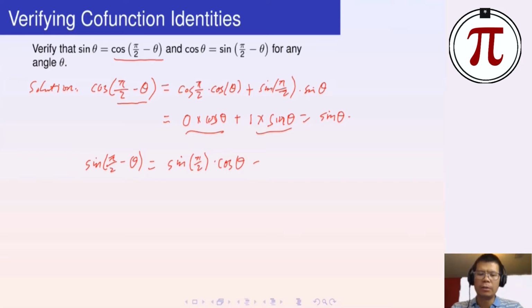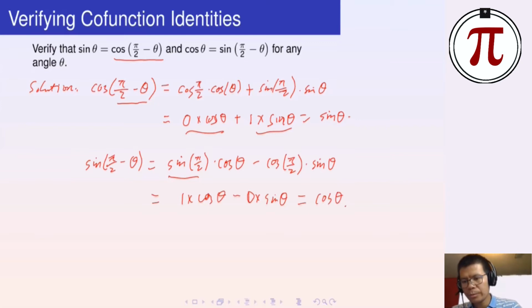So it is cosine of pi over 2 times sine of theta. Now this is 1 times cosine of theta minus 0 times sine of theta. So this equals cosine of theta.